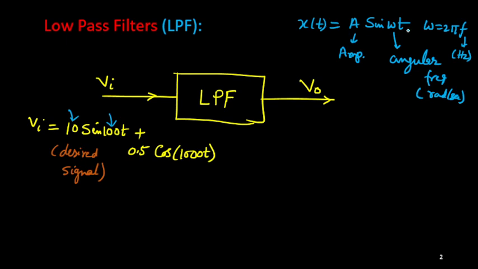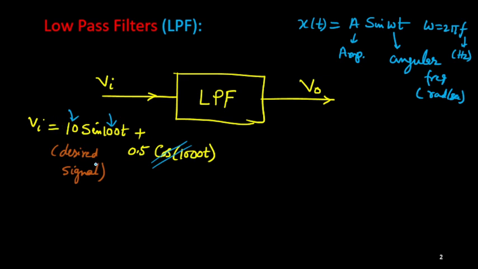Okay, so in this way we can define a sinusoidal signal by amplitude and frequency. Suppose this signal has two frequencies, one is 100 radian per second and the other is 1000 radian per second. But only the 100 radian per second signal is desired for us. We wish to eliminate the other part, but once it is added, it's not easy to eliminate.